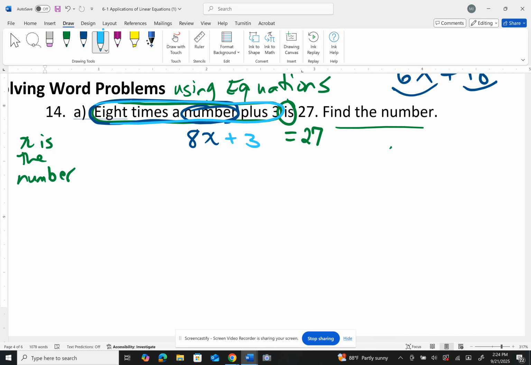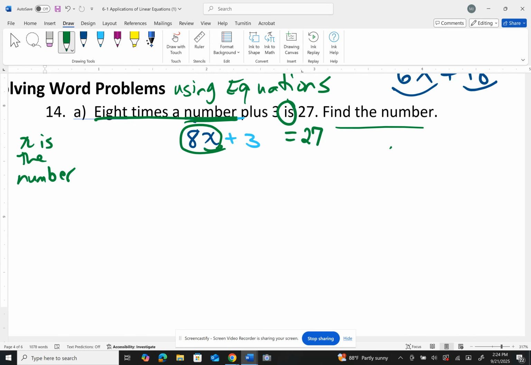So start where they refer to the number, okay? So start with the number being x. So the number is where you start, and that's your x. Now you back up and get 8 times that, so that's 8x. And then you go and get the rest of it, which is 8x plus 3.